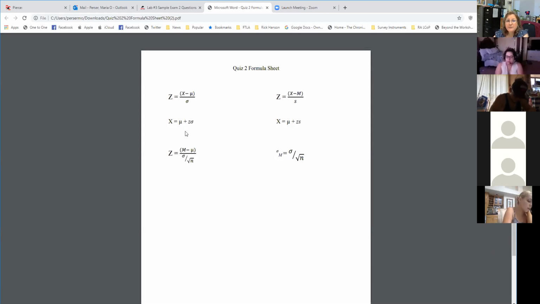If your problem is talking about the population mean mu and population standard deviation sigma, then the three formulas on the left, and also this one on the right, are the ones you're going to use.